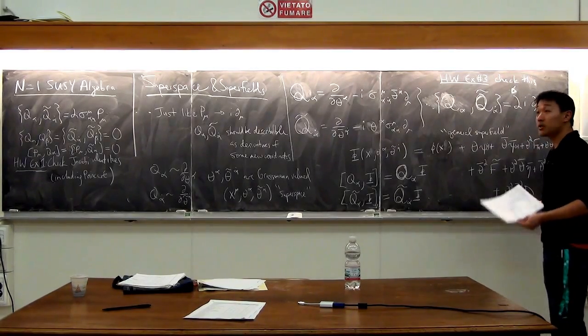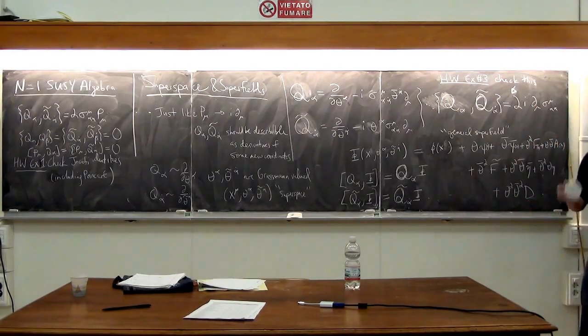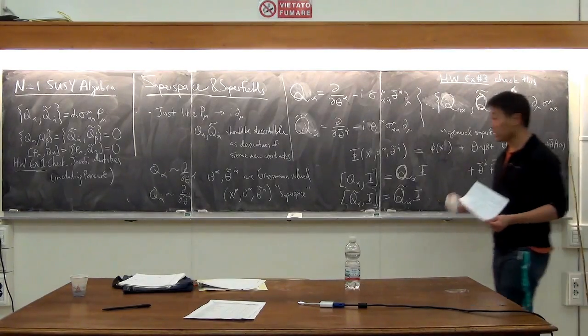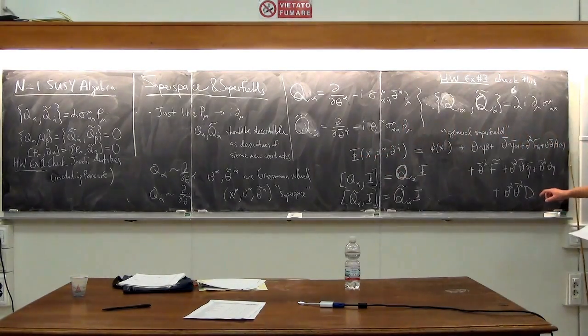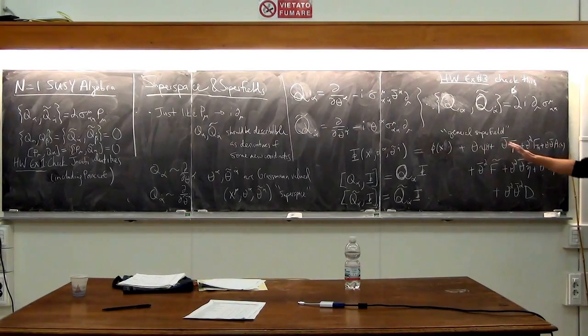I don't have enough time to derive the chiral superfield, so I'll do that next time. But the chiral superfield was a truncated version of this: just this one, and this one.